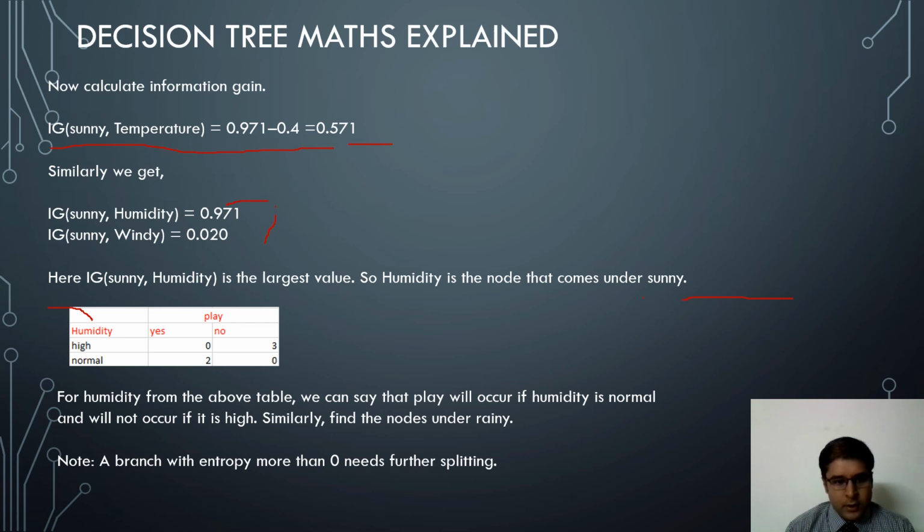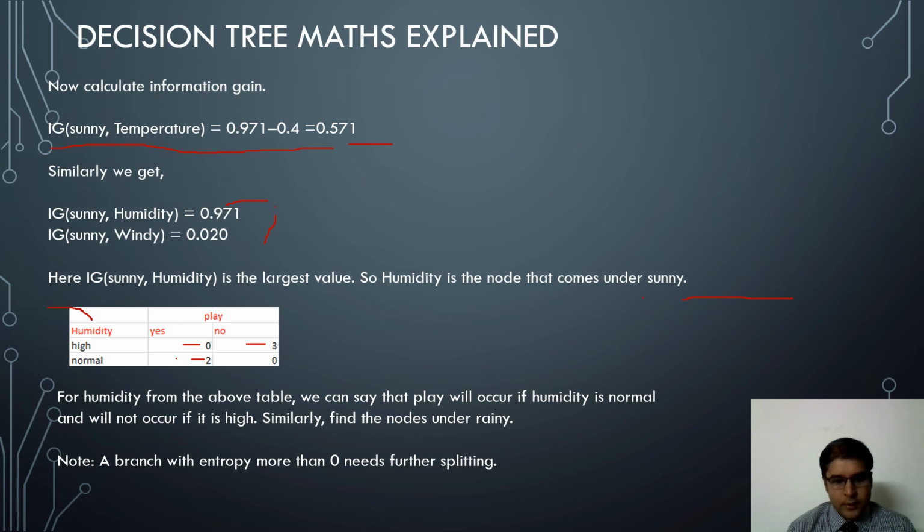So this is simple. If humidity is high, yes is 0 and no is 3. All instances are no, and here all instances are yes if humidity is normal. So we can directly make the final output leaf for this case.